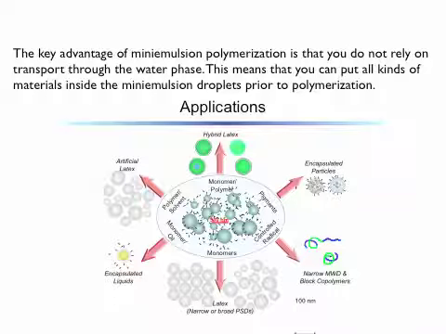You can play with particle sizes, because I can make one mini emulsion with large particles and one with small particles, and I can blend them together. So I can make really high solid systems, which normally is not possible. If all my latex particles are the same size, or all my droplets are the same size, I can go to 64 volume% and then I jam, and I have a solid.